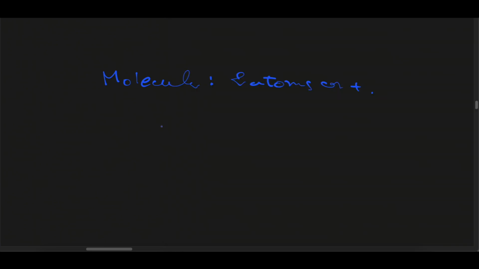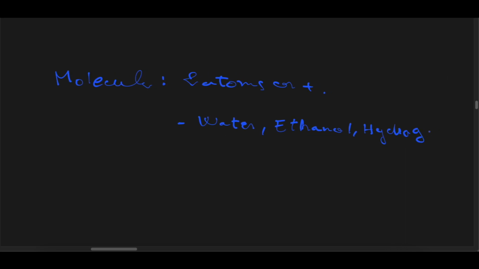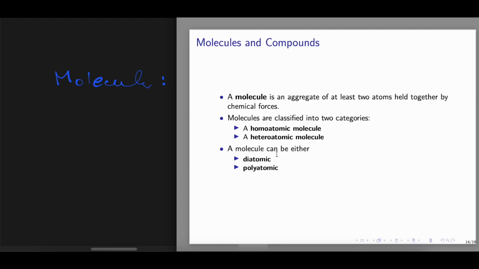For example, molecules include water, ethanol, hydrogen gas, and so forth. And molecules can be classified into 2 categories: homoatomic molecules and heteroatomic molecules.